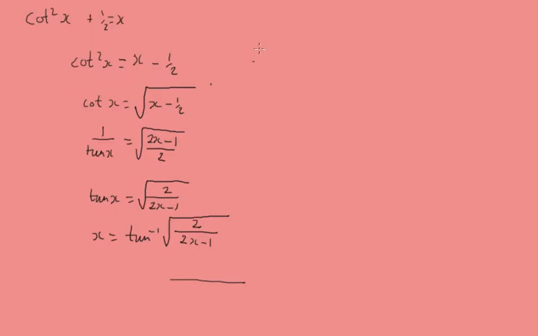So this is where our iterative method comes in. I might need more space. Let's do this on another sheet. So we're going to have one of those big massive tables. So we're going to let f of x equal x minus the inverse tan of root 2 over 2x minus 1.